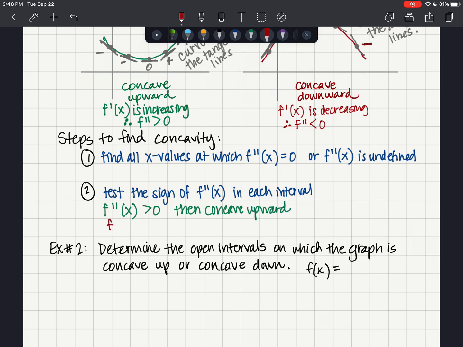If your second derivative is less than 0, then concave down. That's really important. When you test the sign of the second derivative, positive is concave up and negative is concave down.